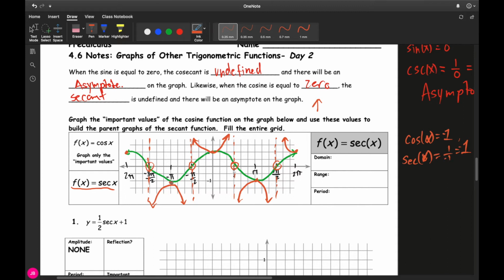So again, at the bottom of each valley and the top of each hill, you're going to have the exact same point, and they're just going to push off of each other. Once you have this plotted, you can erase your green line, which is your cosine, and you have the graph of secant by itself.